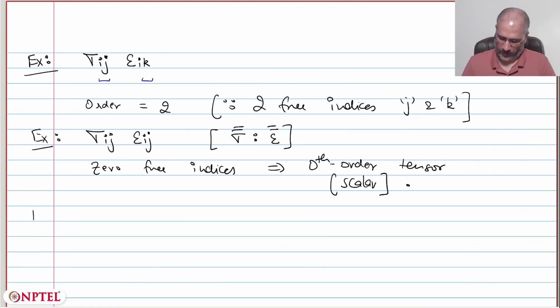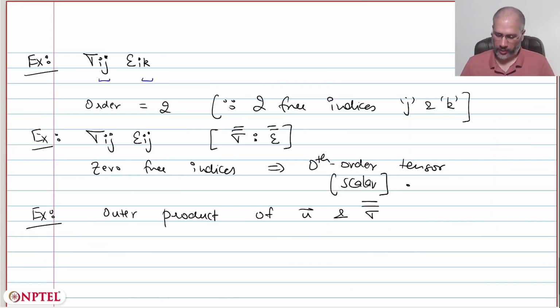So let's take one last example and then we'll move on. We'll take the outer product of a vector and a second order tensor this time. In indicial notation, that will be written as ui sigma jk.